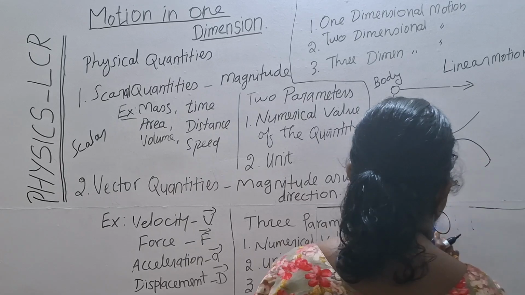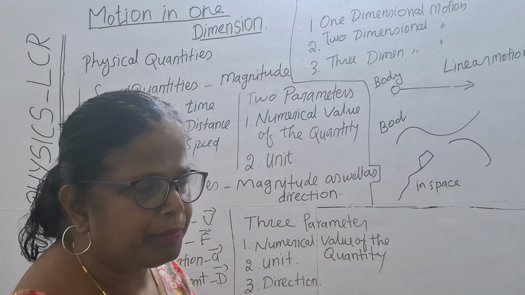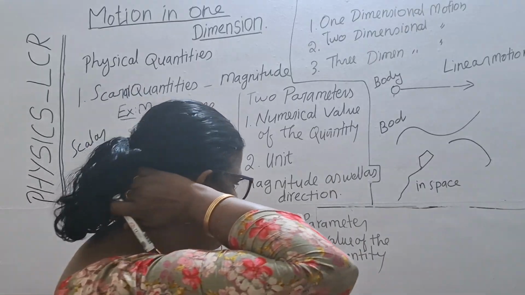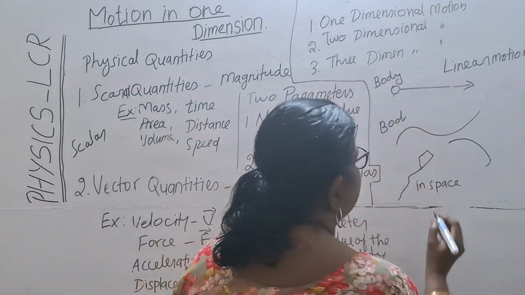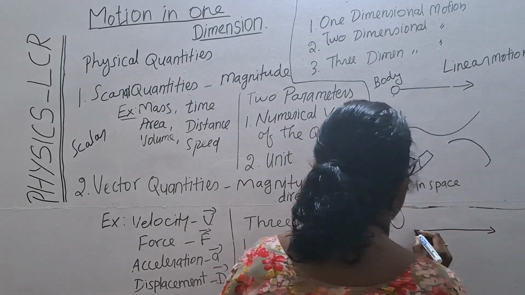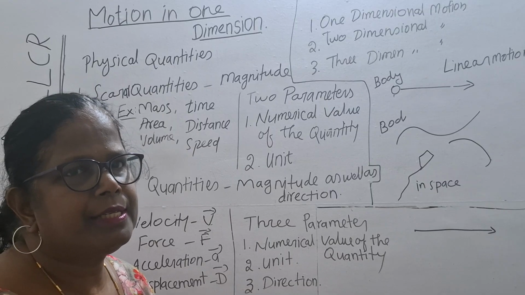1-dimensional motion, how we can plot in the graph. You people have seen graph paper, no? That is a checked paper. On graph paper, 1-dimensional motion, how we are mentioning: it is a horizontal line, the x-axis only. Distance and time.